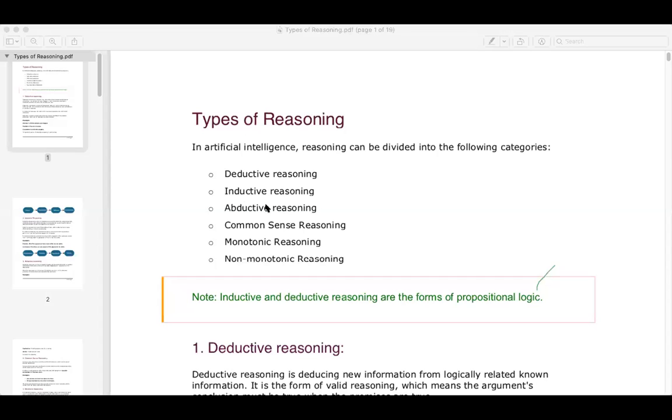Hope this PPT is clear. You can see the PPT here. Yes, can you see the PPT? Blue color PPT, this automated reasoning. I'm just giving you the background, so for that purpose I loaded this PPT.